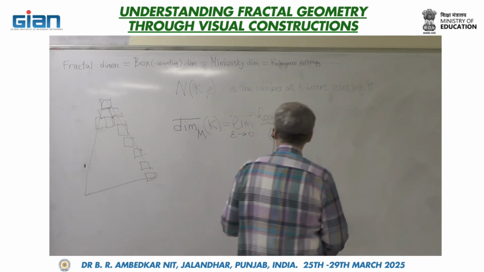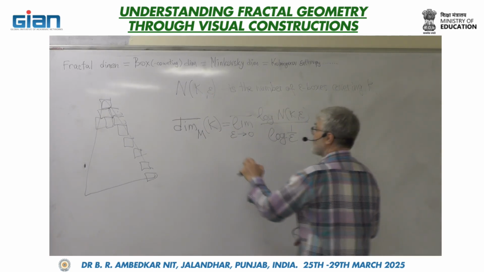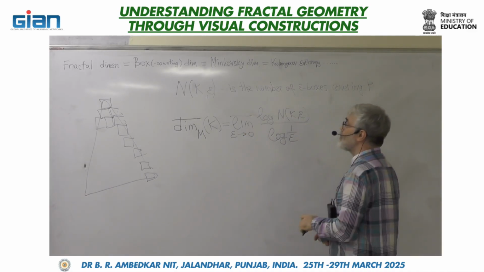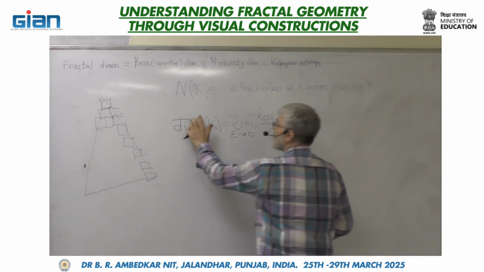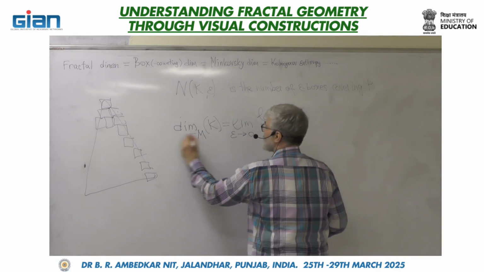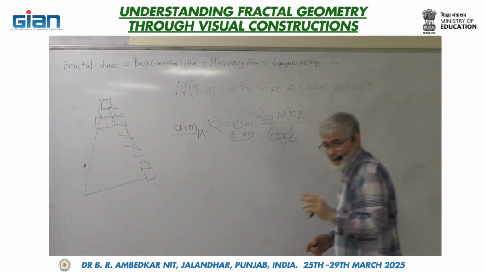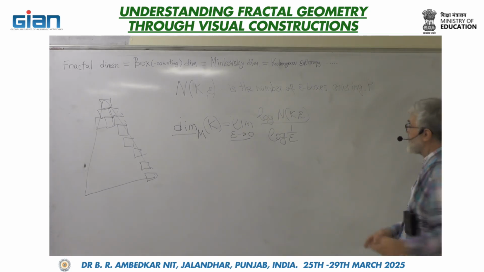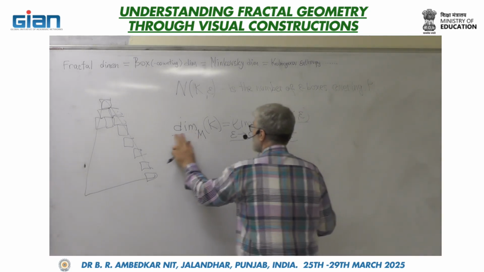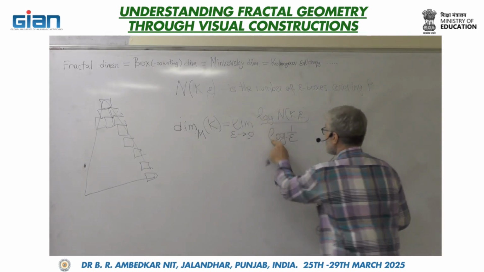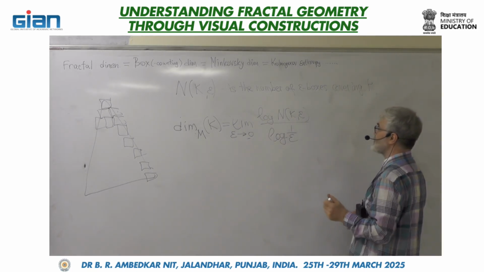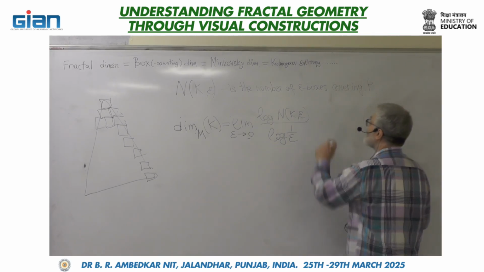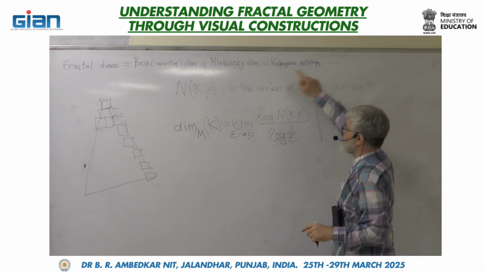If you take the upper limit, it will be the upper box dimension. If we take the lower limit, then it will be the lower box dimension. And if they do coincide, then we consider simply the limit of the ratio of these logarithms, which gives us the box dimension of K.